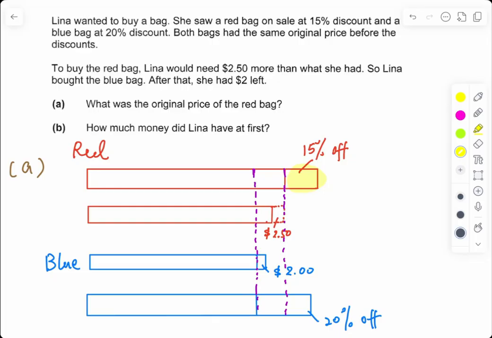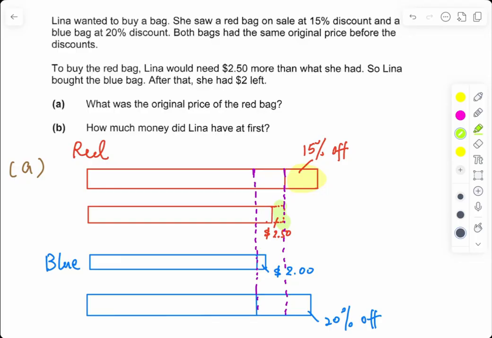So you can see the second rectangle I drew with dots, this part represents Linda is short of $2.50. Then let's look at the next two blue rectangles.